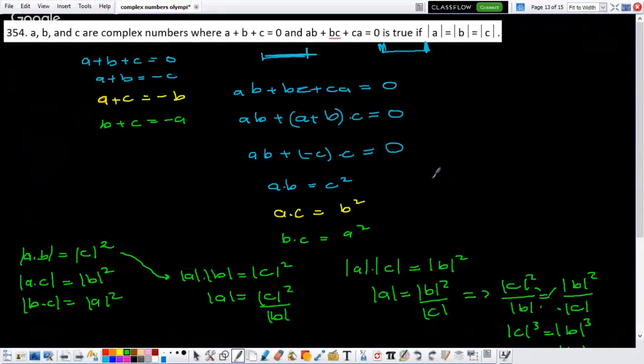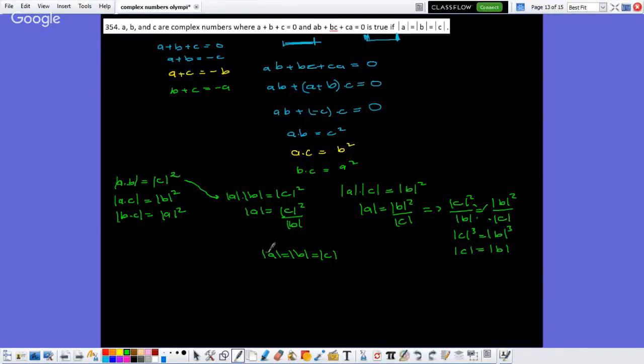Or let me tell you this one. Also, I can do this one here. I can derive from this one. If A module is equal to B module, let's say, which means C module cube is equal to B module cube.